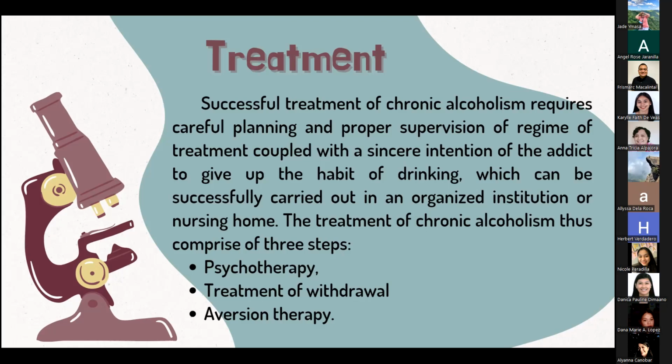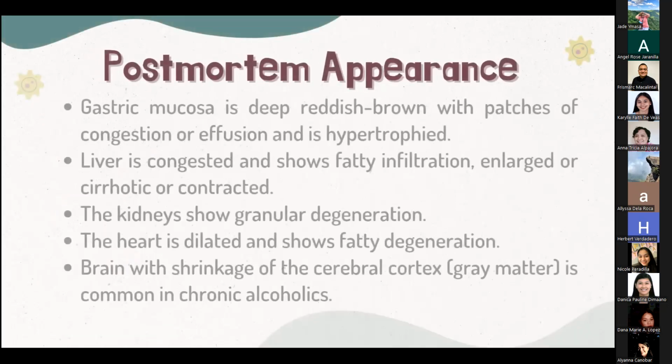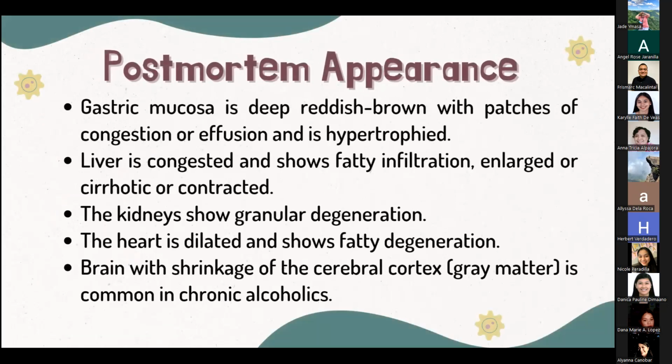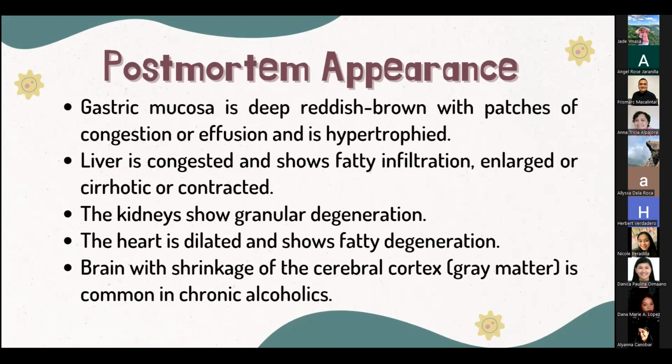So for the post-mortem appearance of the chronic alcohol poisoning, so as I have noted, ang pinakang affected na part is yung gastrointestinal system. Therefore, the gastric mucosa is deep reddish brown with patches of congestion or effusion and is hypertrophied.